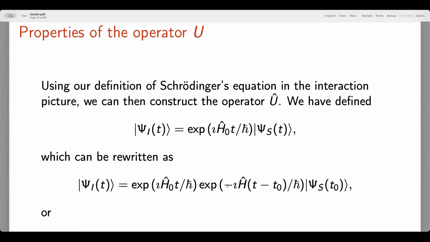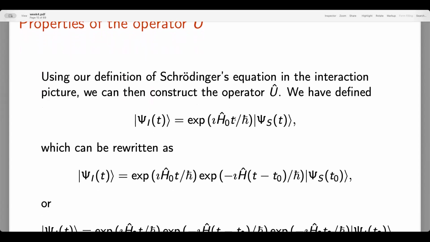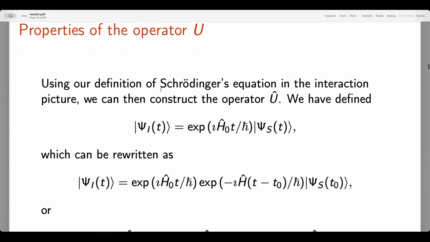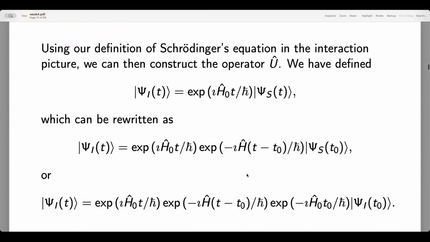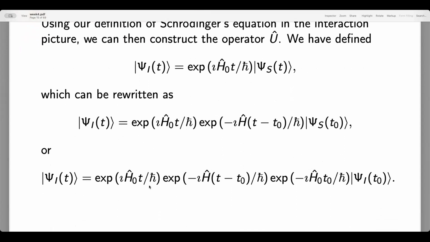So the properties of this operator, if we look at the definition of the Schrödinger equation in this interaction picture, you can rewrite it like this. That means you can rewrite it in terms of this transformation times this operator H with a full operator here. And that defines the state at a time t0 in this interaction picture.